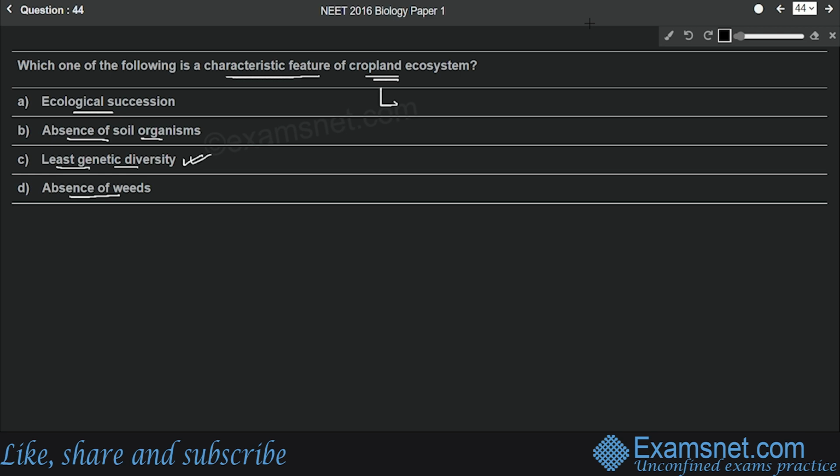We know that cropland ecosystem is a man-made or artificial ecosystem. And it contains more or less the same type of crop plants. And at a time, only one or two species of crops are grown.